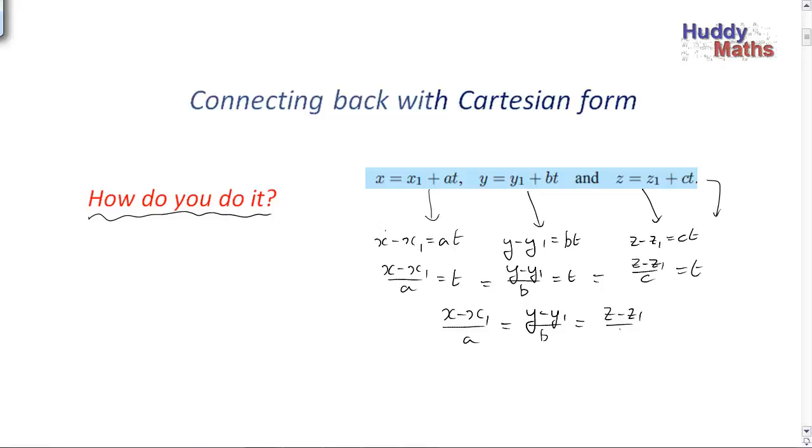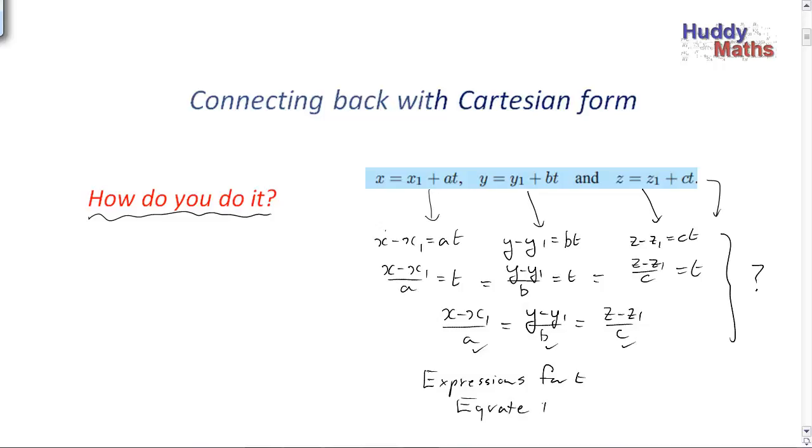So you must be able to do that. And also, remembering here, these are the components of the direction vector, aren't they? I hope you remember some of that stuff. So what have we actually done in this process? What we've done is gain an expression for t from each of the parametric equations, and equate them.